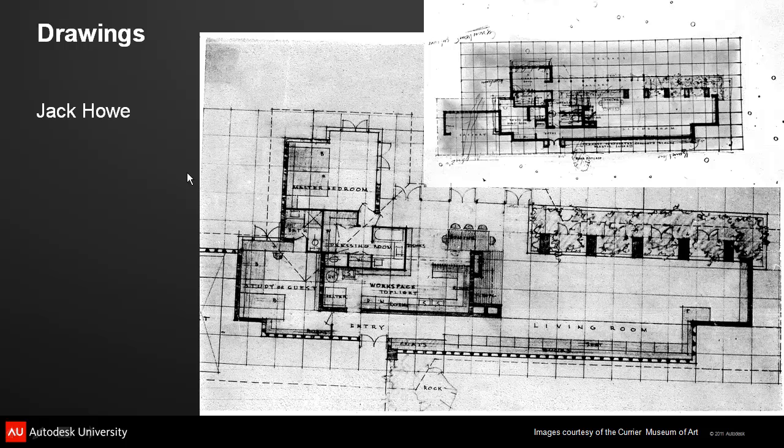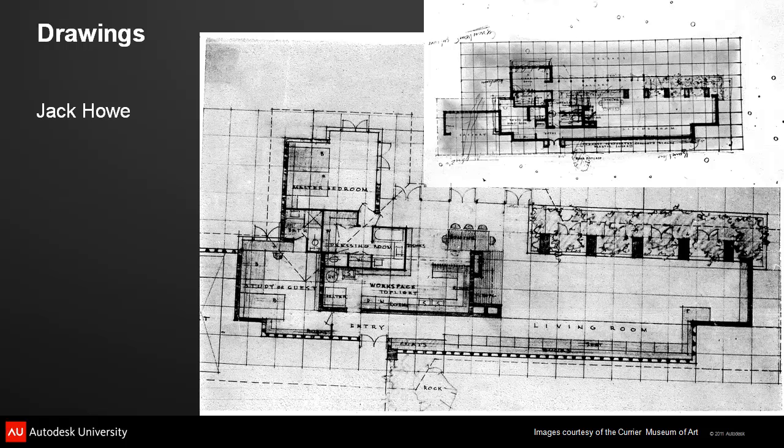Jack Howe was in charge of the drafting room at Taliesin, and you can see that it's a much cleaner drawing. Instead of dwelling on the changes in the drawing, I'll show them as we go through the product. You'll get a better sense of how the building changed.